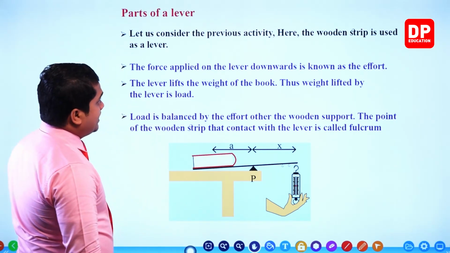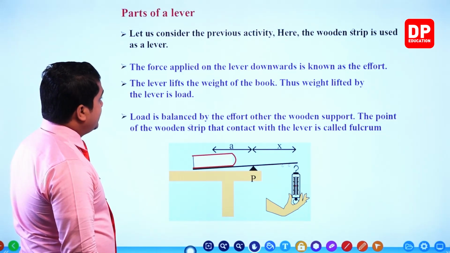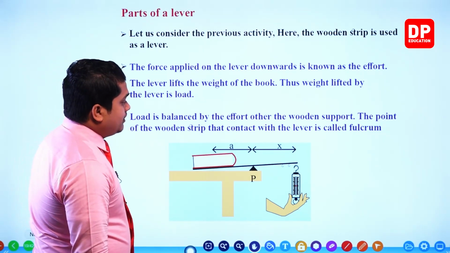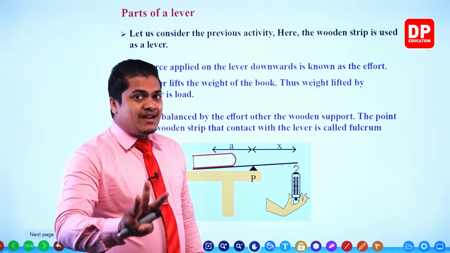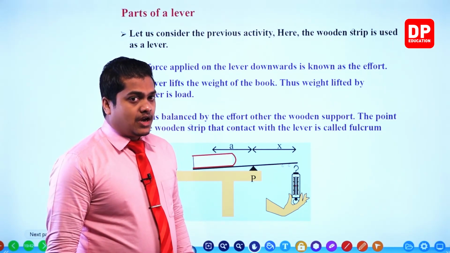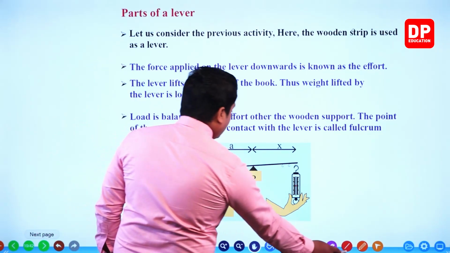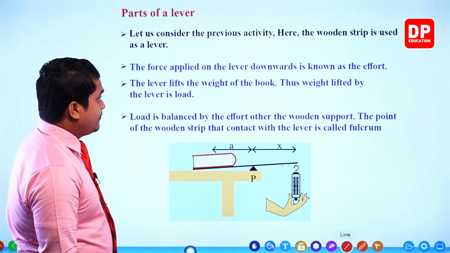So here it is given. Here the wooden strip is used as a lever. Let's identify the three main parts related to a lever now. Here it is given by a highlighted color.